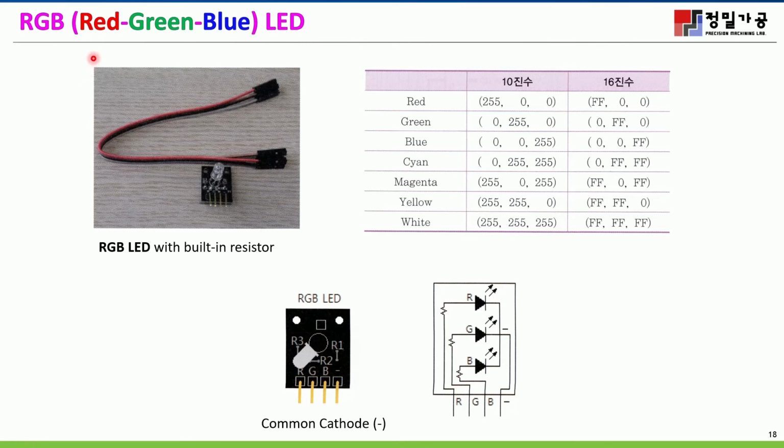And this one is the package in your Arduino kit. This RGB LED you can find in your Arduino kit has a built-in resistor on the PCB.